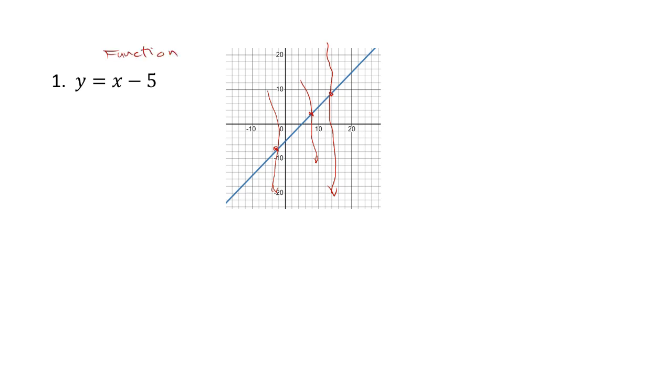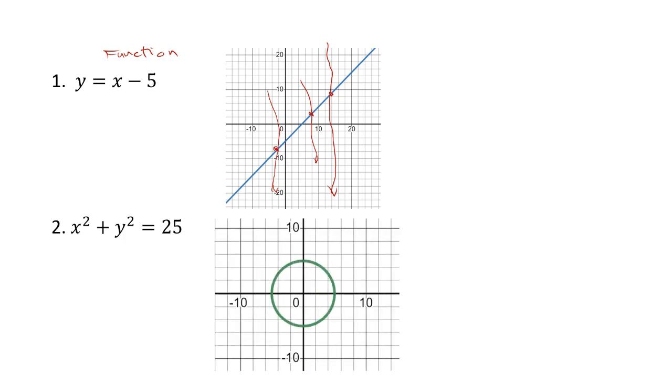Then let's go to number 2. If we're going to graph x squared plus y squared equals 25 using Desmos again, we have this one. This is a circle. If we're going to do a vertical line test, I'm going to use a black line. There are 2 intersections, or points of intersection.